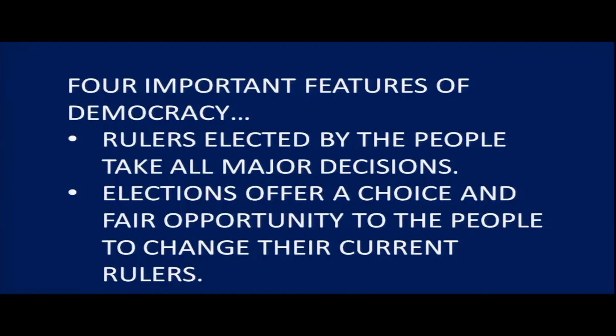So the four important features of democracy are: the rulers elected by the people must have the power to take all major decisions. Elections must offer a choice and a fair opportunity to the people to change their current rulers and bring new people to power.